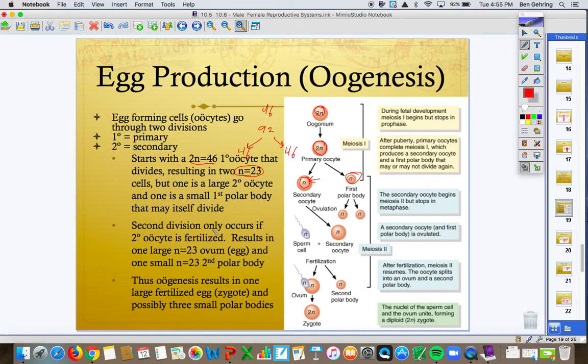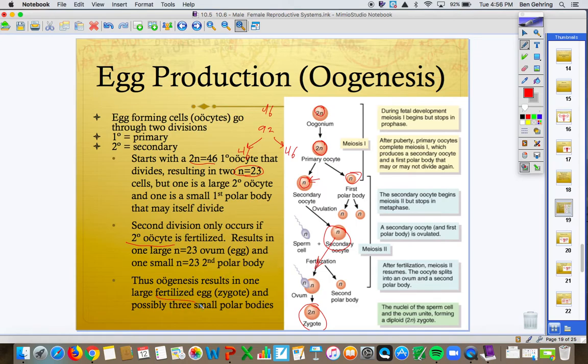Your secondary division only occurs if your secondary oocyte is fertilized. Once we get to here, if this oocyte doesn't get fertilized, it just passes through the body and leaves. Now, if it does get fertilized, if a sperm joins, so here's your sperm cell, and it fertilizes your secondary oocyte, we produce what's called a zygote, which is a fertilized egg.